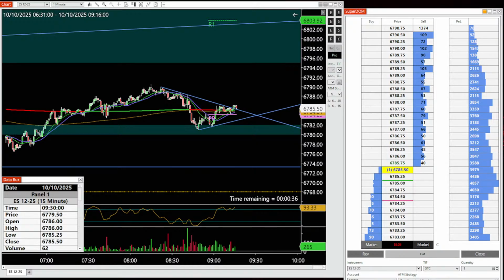Let's see if it holds VWAP. We're going over and under VWAP, over and under VWAP. So this is just a little tricky, and the market is not even open yet.